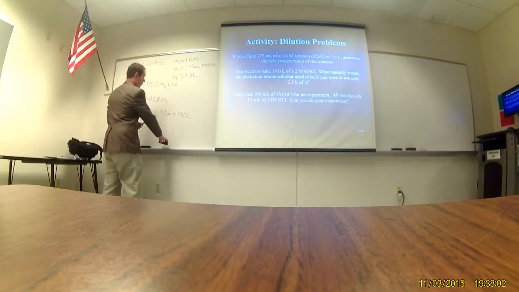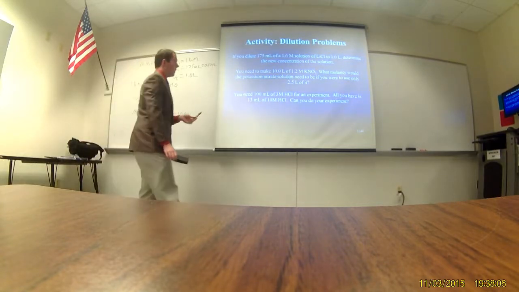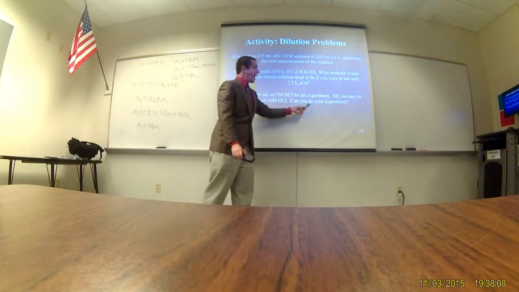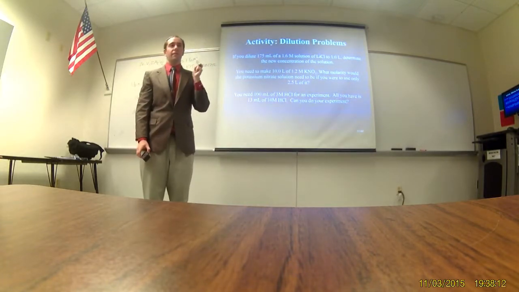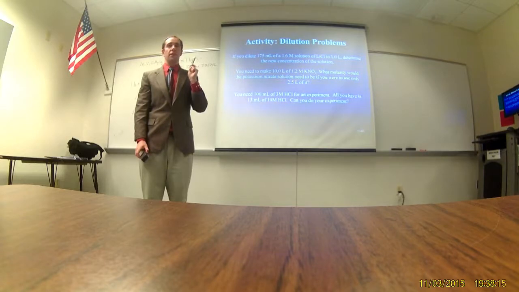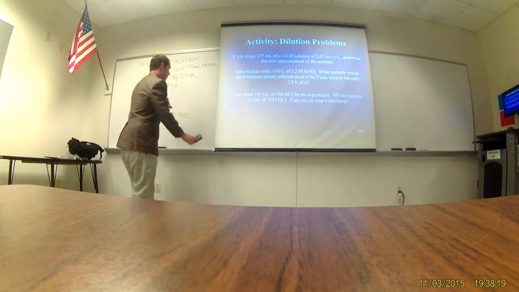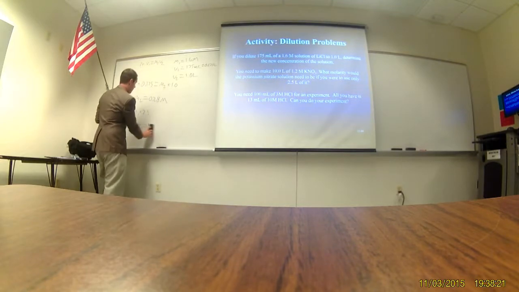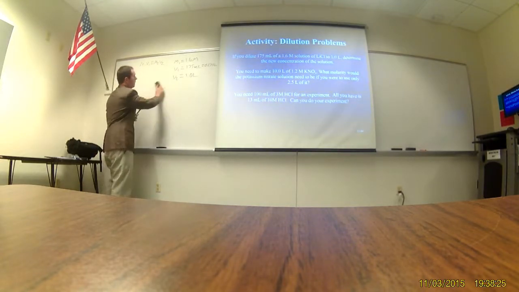Here's another type of dilution problem. This is asking you to do the math, but then think about your result, which is one of those brain exploding problems, right? So, it's still a dilution problem. So it's still M1, V1 equals M2, V2.